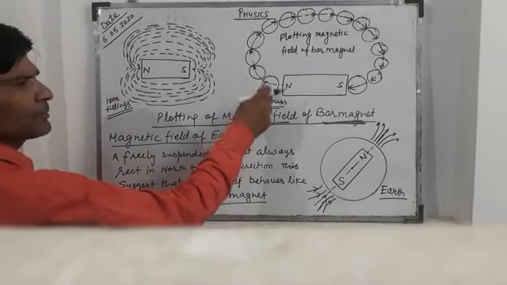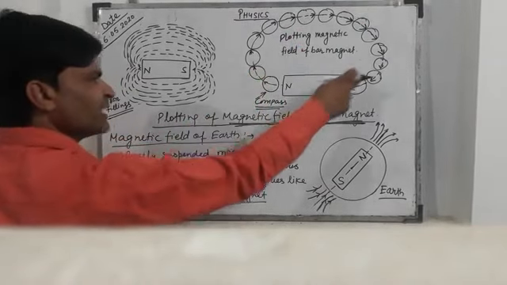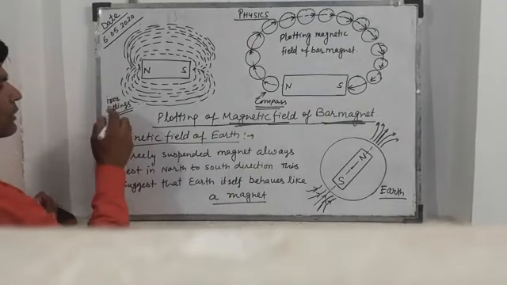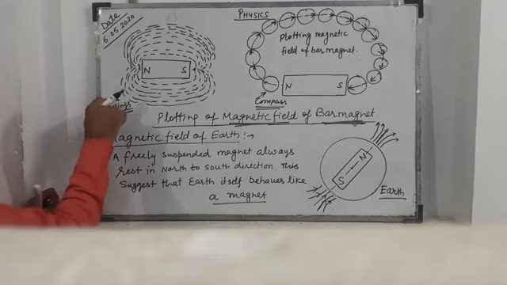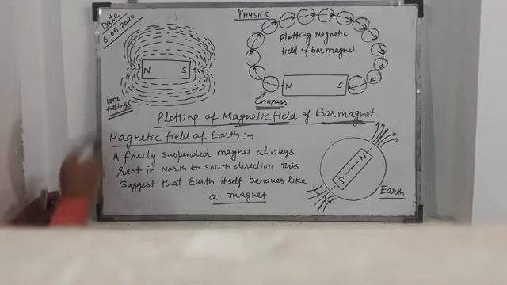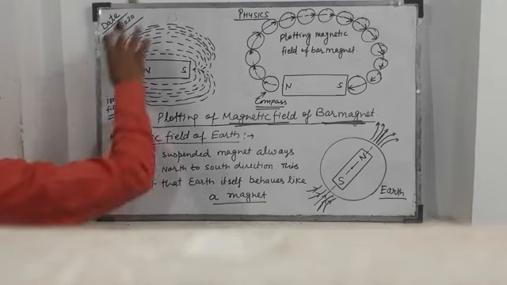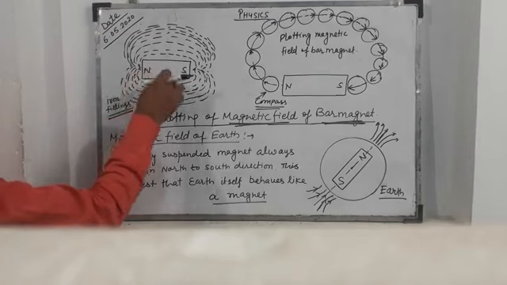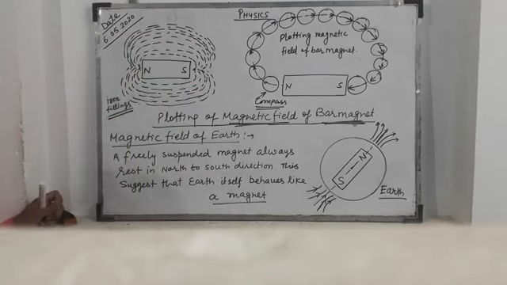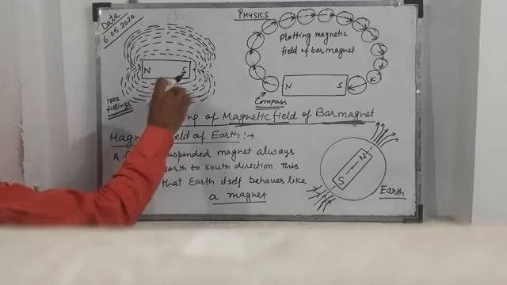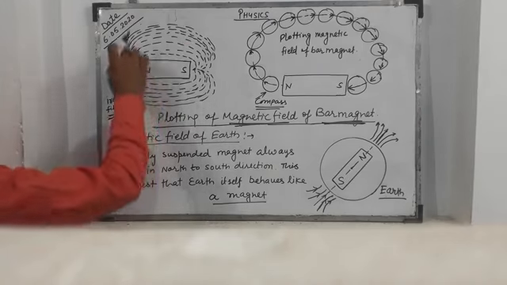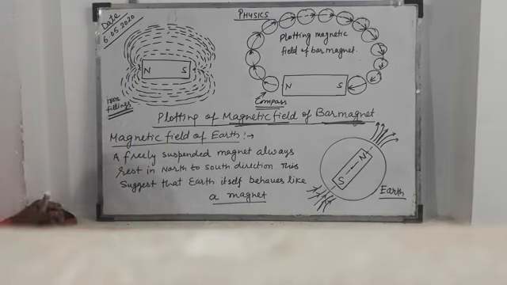Put the compass as shown in the figure. Now the second method is with the help of iron filings. Iron filings are spread around a bar magnet. The iron filings arrange themselves in the form of magnetic field lines.